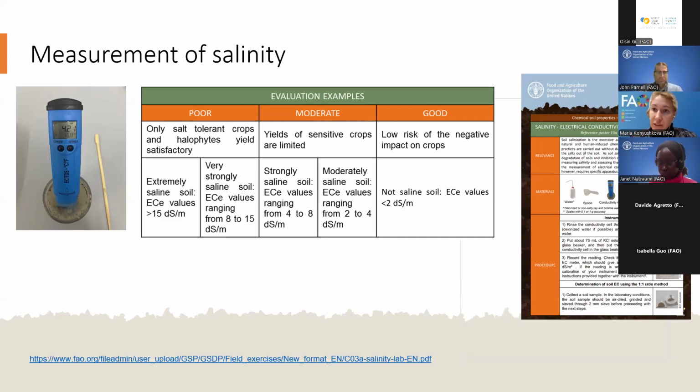When it is above the threshold, the crops that are sensitive to salinity feel worse in such soil. If the value increases, then you need crops which are tolerant to salinity. And if your value is more than 8 decisiemens per meter in the 1-to-1 water solution, then you can grow only halophytes in such soils. Jacob will tell you more about these amazing plants which can grow on salt-affected soils and how microbes can help your plants to grow in saline soils.